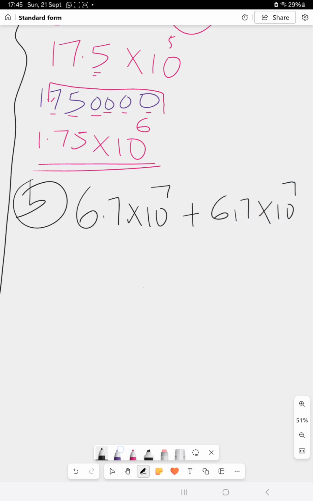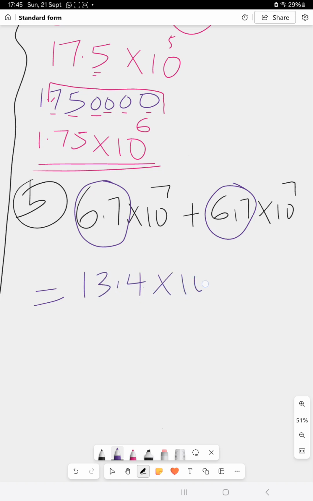And as I've told you, you just add this and this, because they have the same powers. 6.7 plus 6.7, you get 13.4 times 10 power 7.